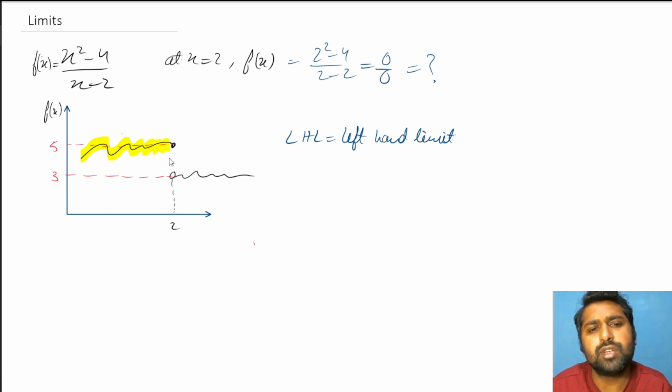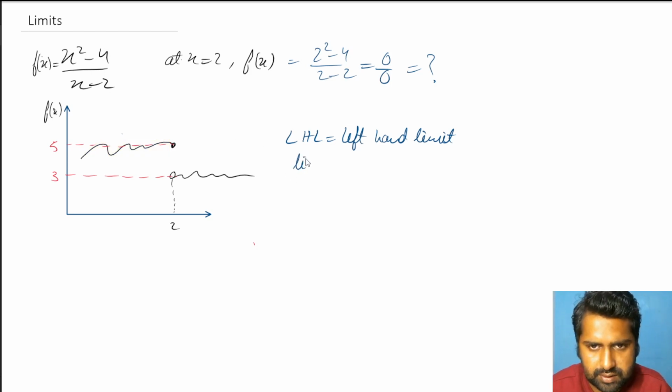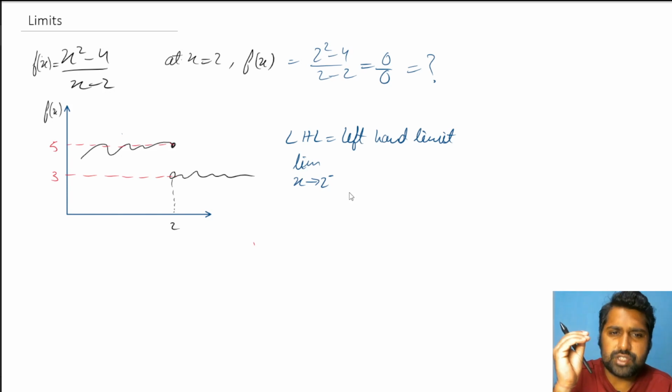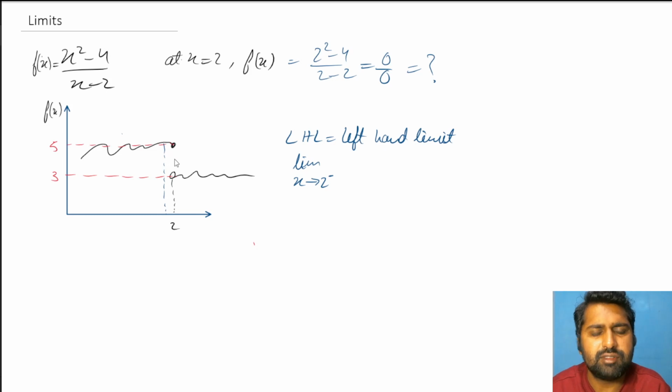If we are approaching from the left, what is the value attained by this function? In that scenario, the value attained is 5. Okay, that means it is represented by limit x tends to 2 minus. 2 minus means just before 2, just before 2 this function is approaching the value 5.